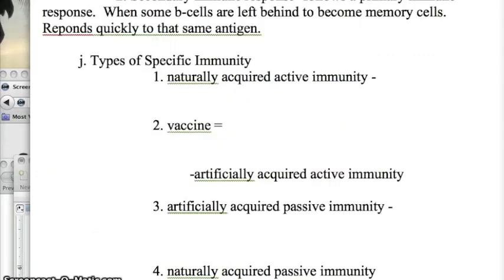Okay, this brings us to our last little bit of immunity. So looking at types of specific immunities. Remember we talked about non-specific immunity earlier. So these are just the specific immunity concepts. So we have naturally acquired active immunity.